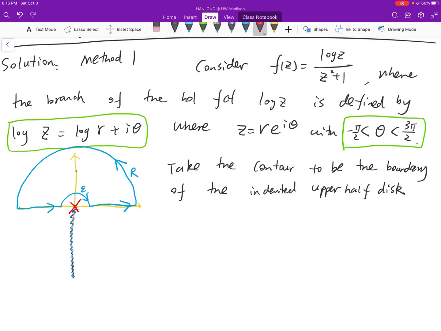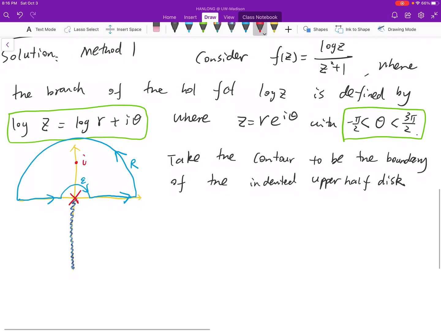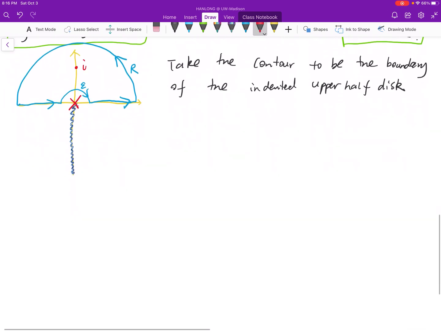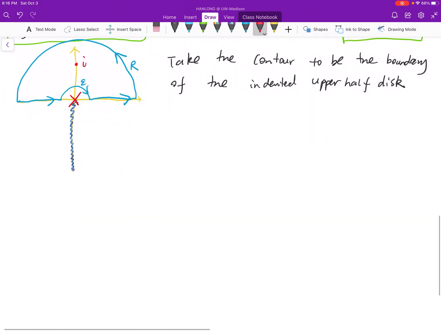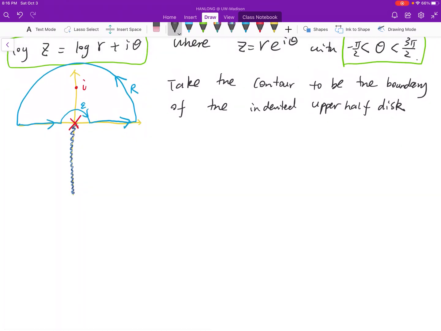Then inside our contour, you have the pole i. Okay, and for convenience, we write down the contour explicitly.